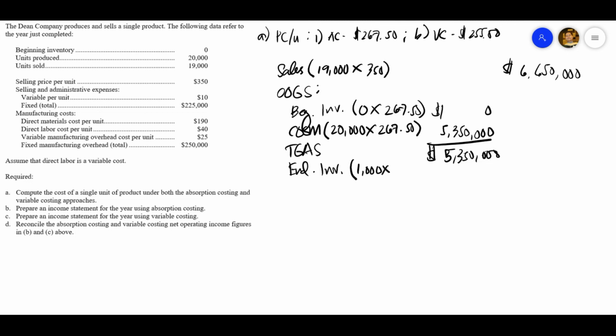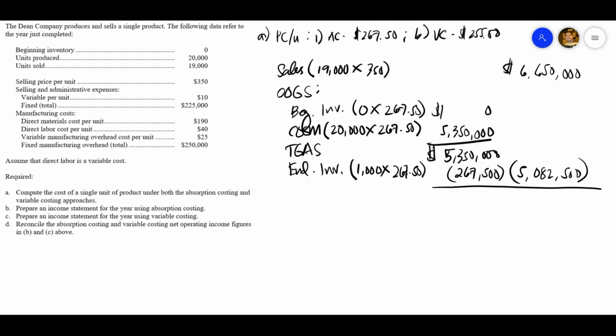And then we multiply it by the product cost per unit of 267.5. And it will give us a value of 267,500. It shall give us a value of 5,082,500. So that is our cost of goods sold.